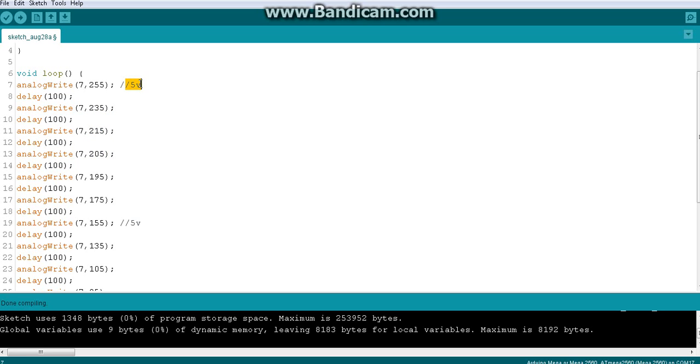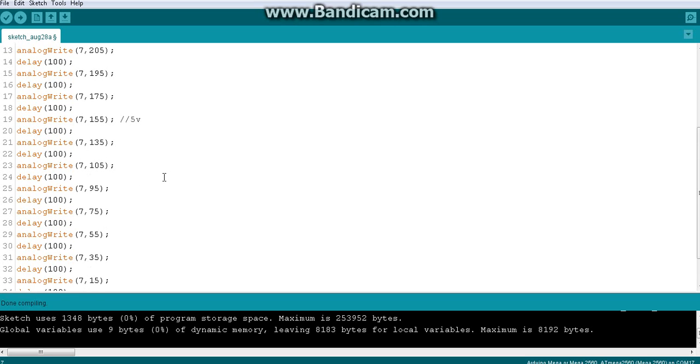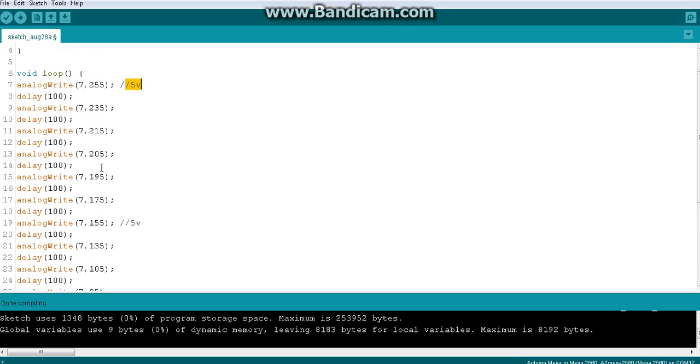Okay, from 5 voltage to 0 voltage, I am decreasing by 0.39 voltage, very slow decrease. So in other words, I am decreasing the brightness at every 100 millisecond by the respective brightness for 0.39 voltage.